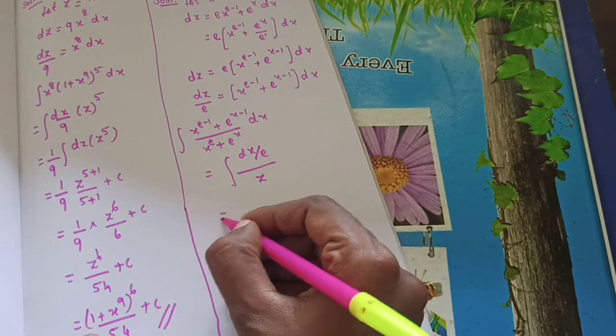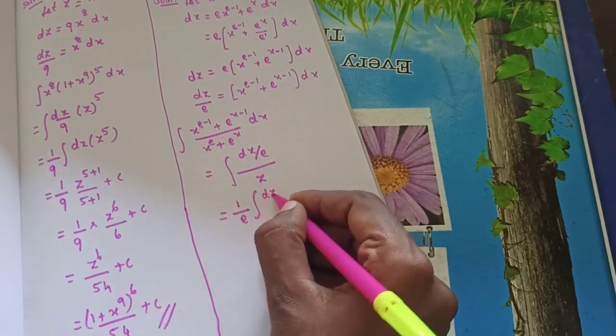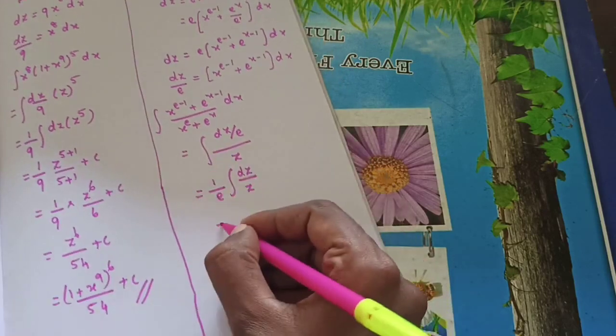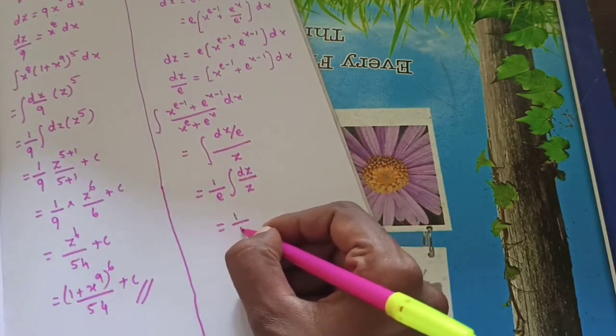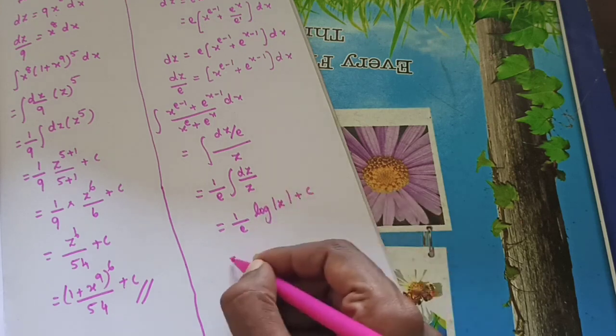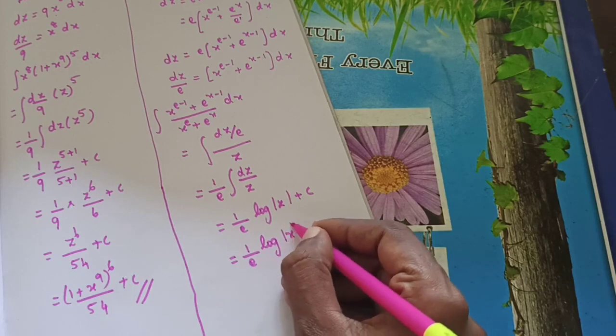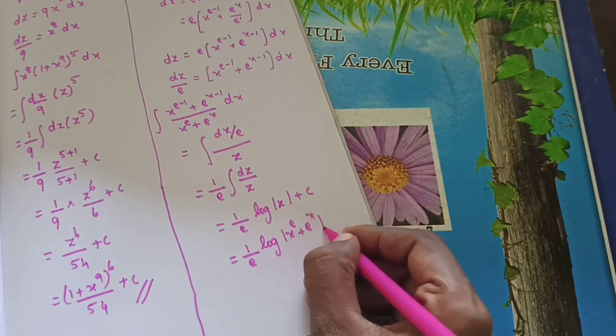Here 1 by e is a constant, so dz by z. What's the integration of dz by z? Log z, so log of mod z plus c. What is the z value? 1 by e into log of x power e plus e power x plus c.